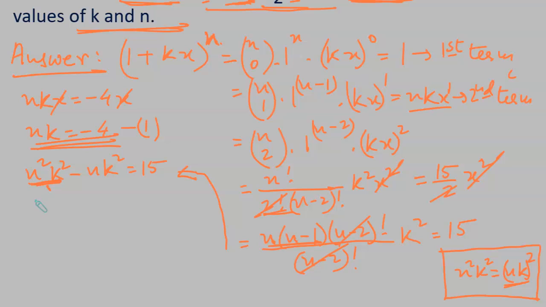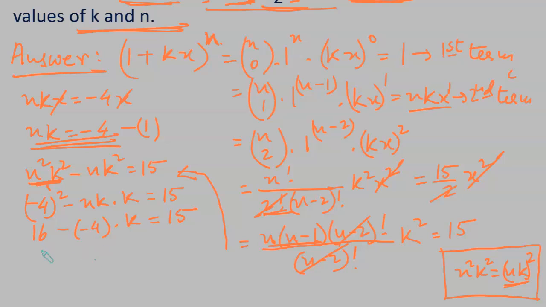Okay, so it is -4 whole square, and this can be written as nk times k is equal to 15, and -4 whole square is equal to 16. So it is 16 minus of -4 times k is equal to 15.